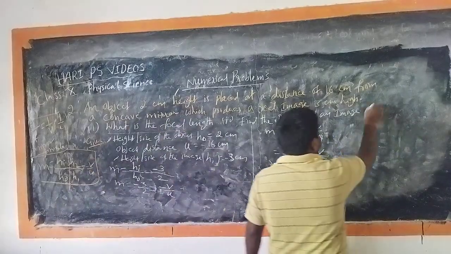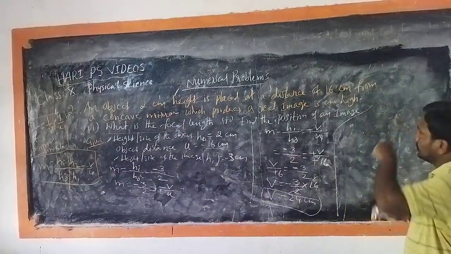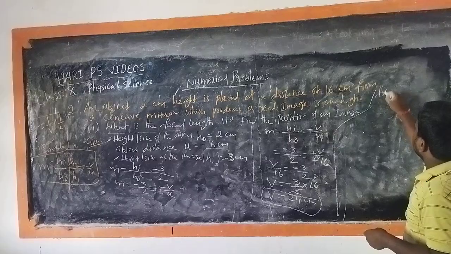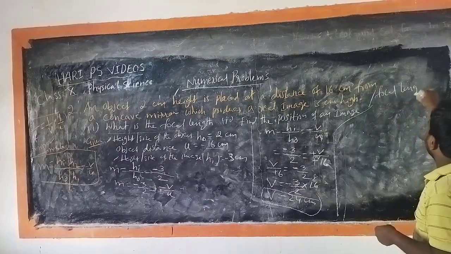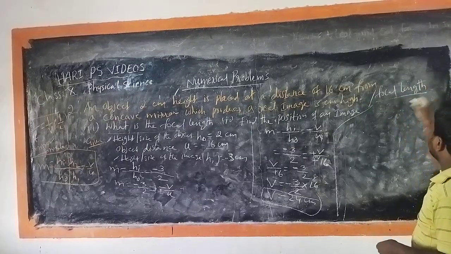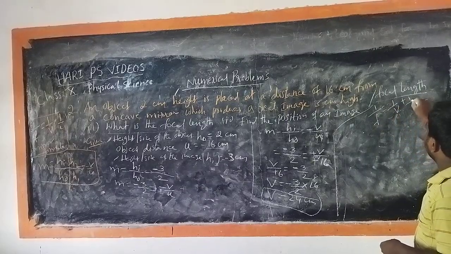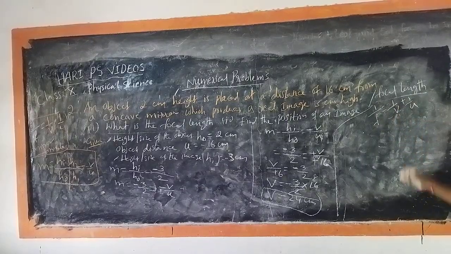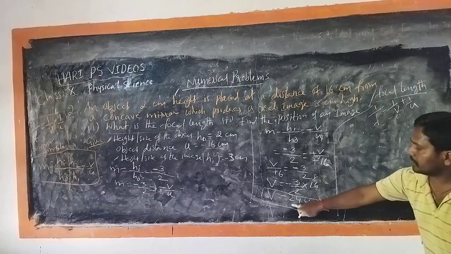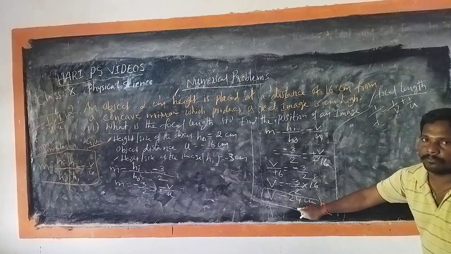Then what about the focal length? For finding the focal length, we use the formula 1 by f equal to 1 by v plus 1 by u. Image distance is minus 24 and object distance is minus 60.